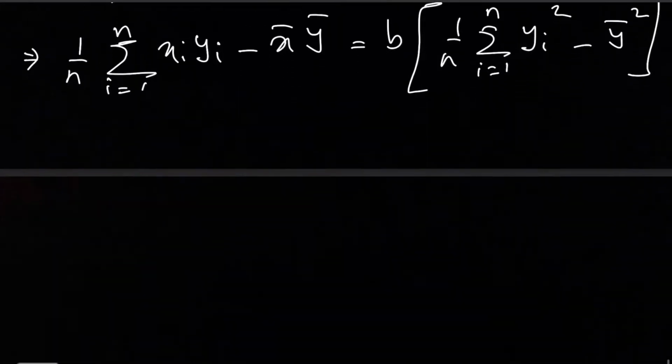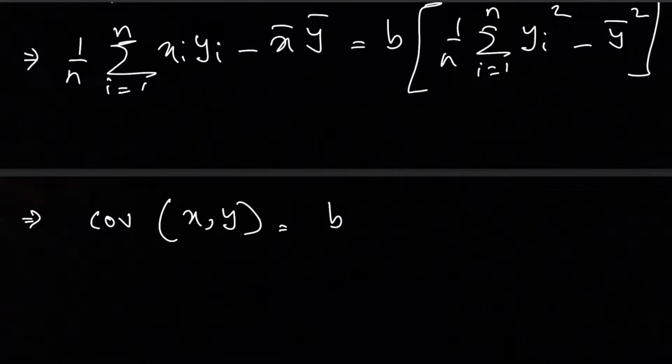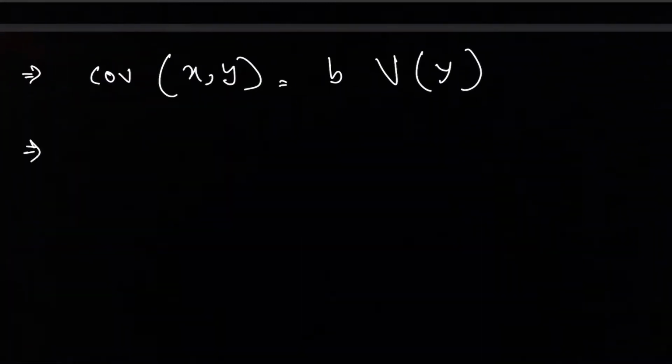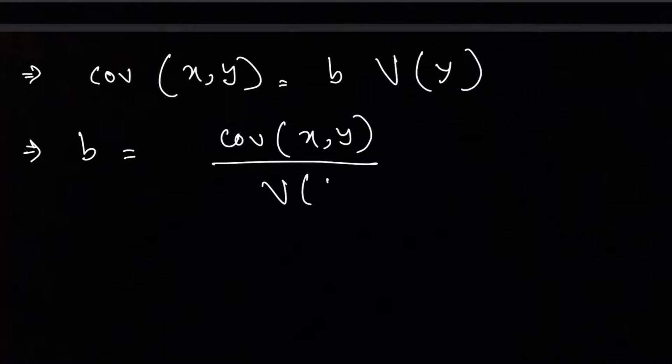So this is nothing but covariance of x comma y, and this is nothing but variance of y. So b here becomes covariance of x comma y by variance of y.